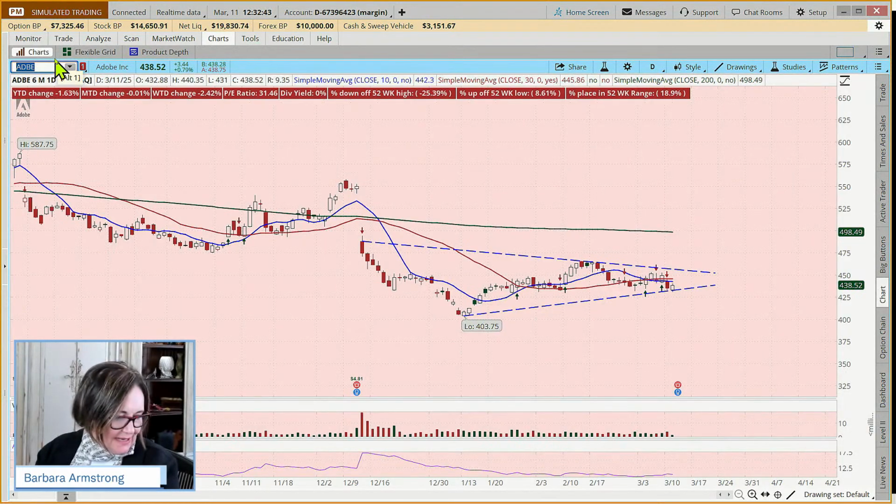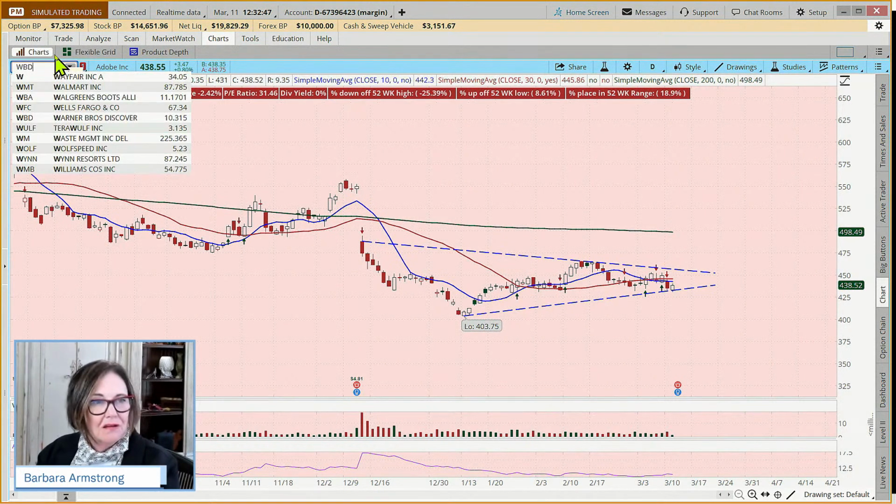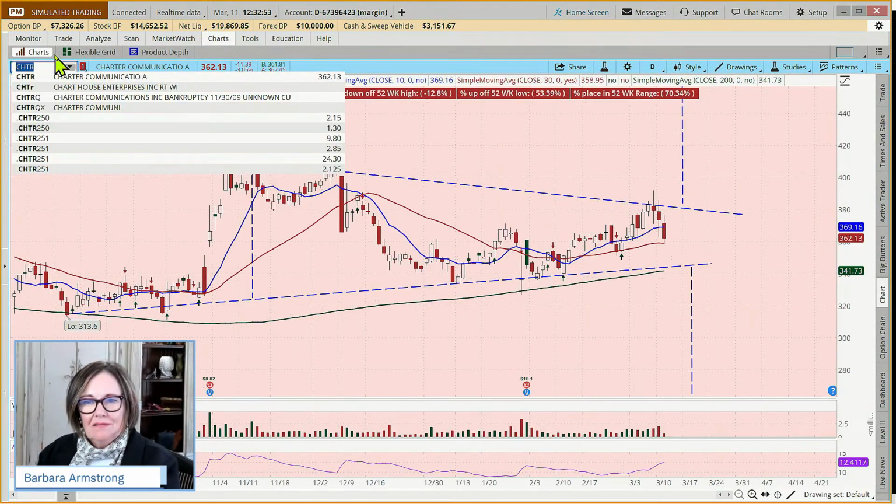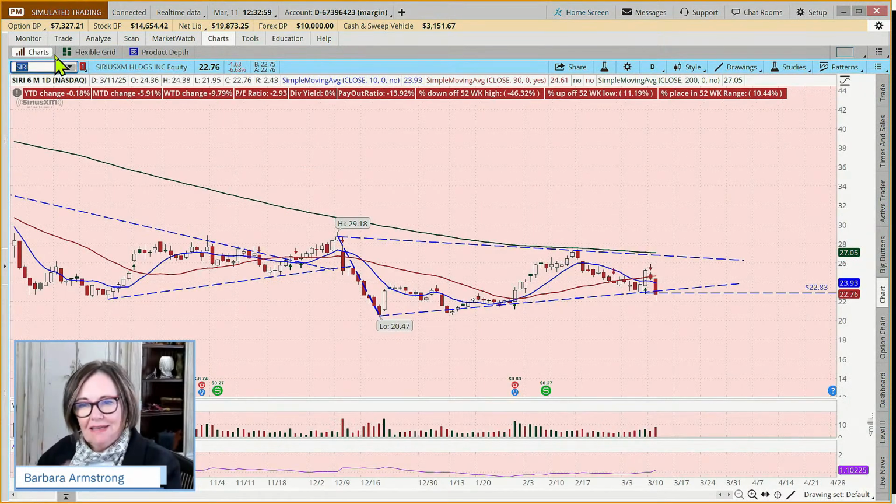No, we're bouncing and we're just on the verge of earnings. We're still within the pattern on WVD. We're still within the pattern on Charter. Was it Siri was breaking down?